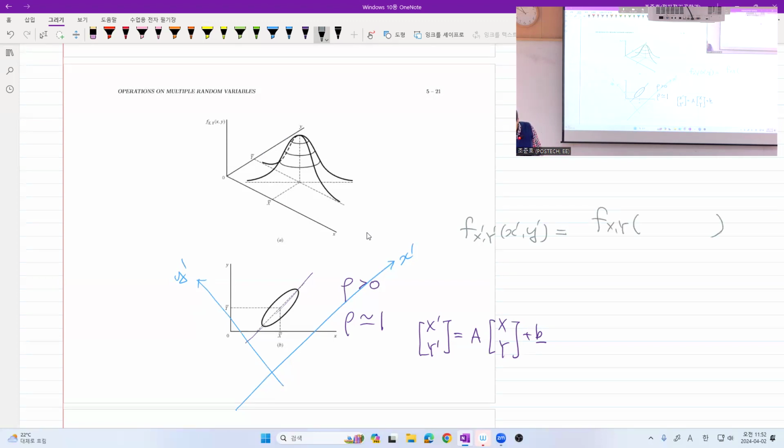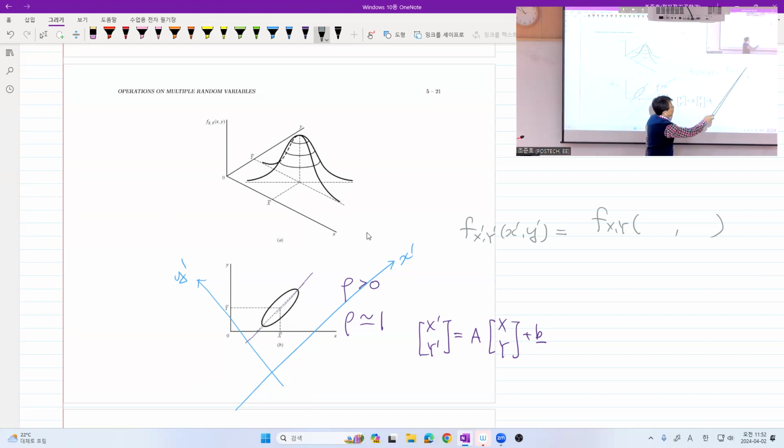Can be written as the original joint density of x and y. With some substitutions, you can find it from here, right? You subtract the b vector from the left-hand side and multiply by A inverse, then you can always find x in terms of x prime and y prime, and y in terms of x prime and y prime.